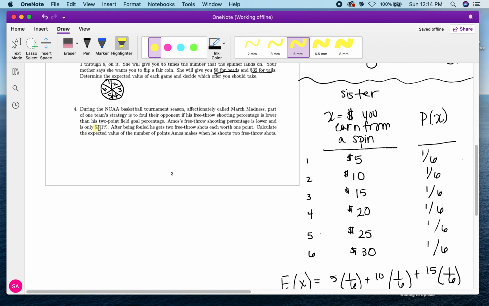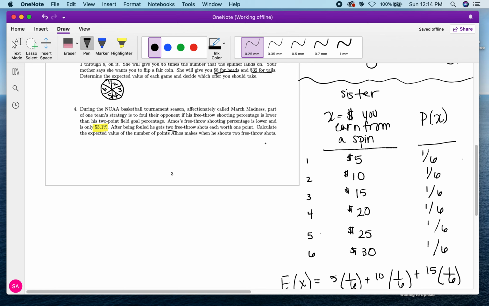I'm going to highlight that. So every time he shoots a free throw, 53.1% of the time he actually makes the shot. After being fouled, he gets 2 free throw shots, each worth 1 point. Calculate the expected value of the number of points Amos makes when he shoots 2 of those shots.